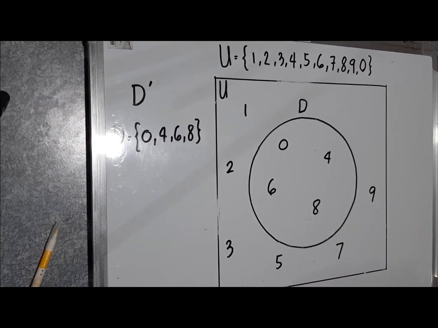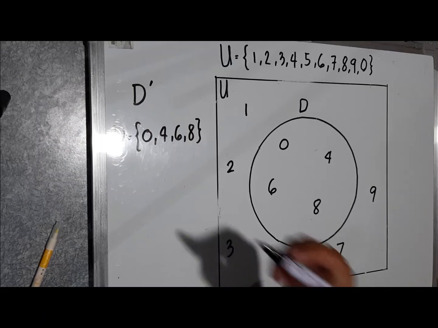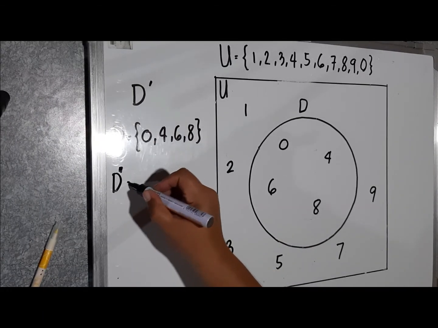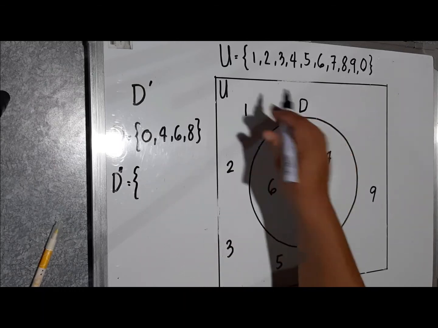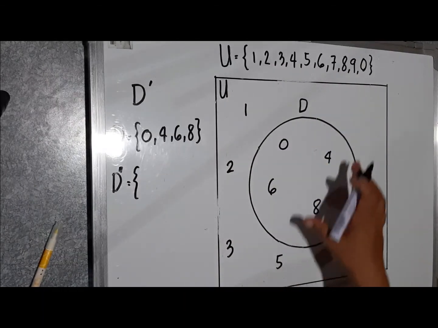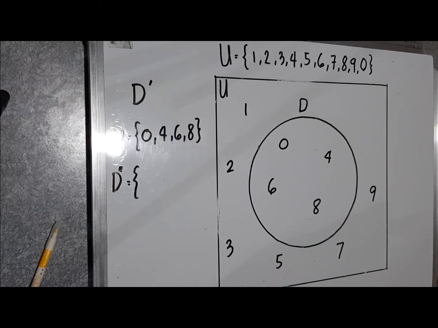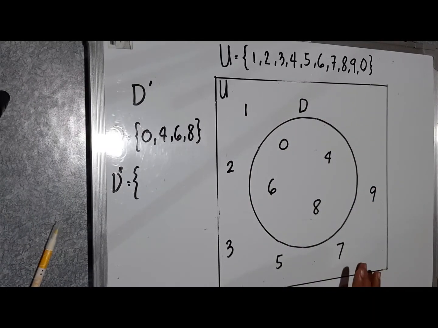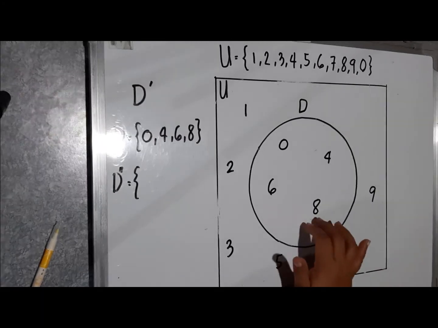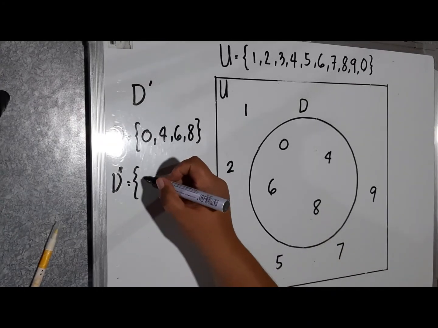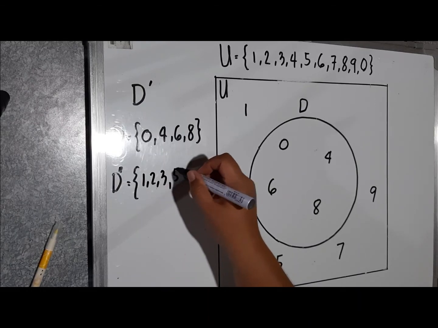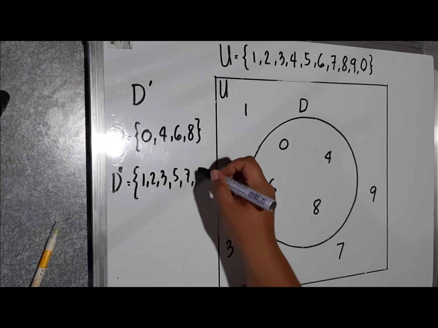Okay. So, we know, as we solved previously, that D prime is equal to the numbers in the universal set except those in set D. Meaning, all the numbers outside the circle that represents set D. So, that is 1, 2, 3, 5, 7, 9.